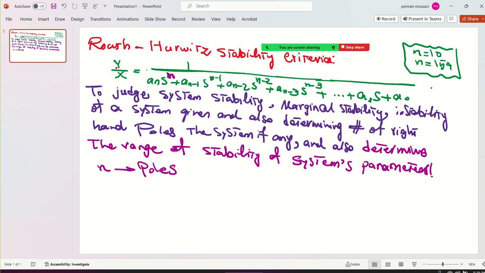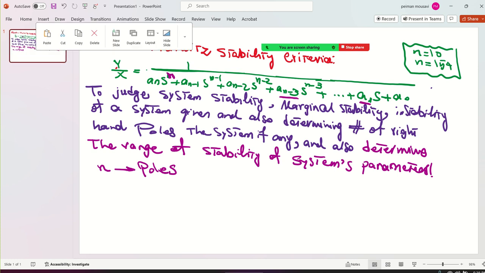And more importantly, your system coefficients are based on parameters, not numbers, and you want to know for which range of parameters your system is stable and which it's unstable. Based on that, you design your controller. So how do we do that? Can I go to the next page? Yes? Okay.